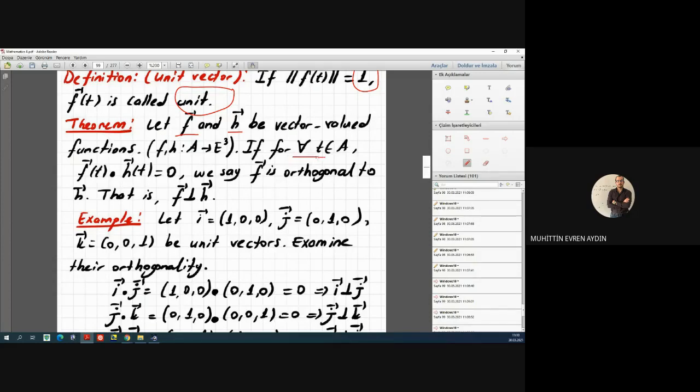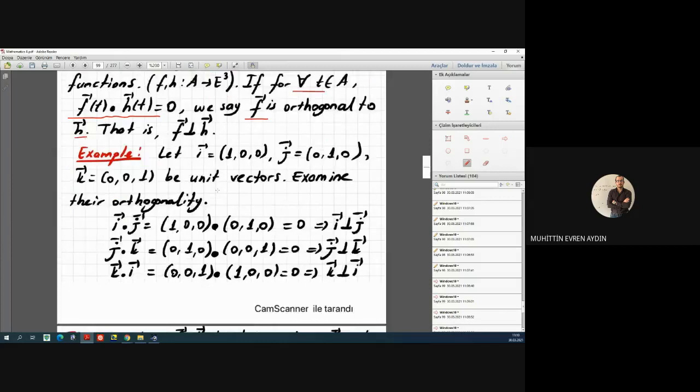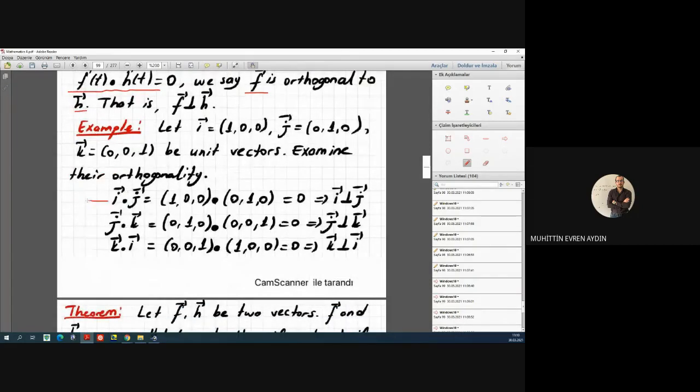If for each t the dot product of F and H is 0, then it's said that F is orthogonal to H. Or we can say that F is perpendicular to H. Obviously, standard vectors are unit and mutually orthogonal or perpendicular to each other.